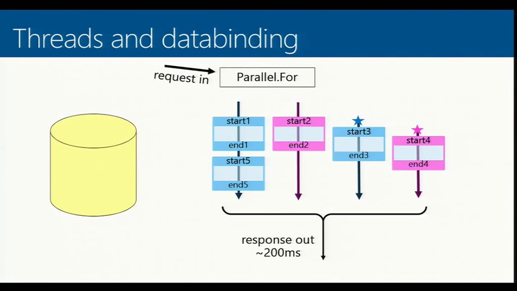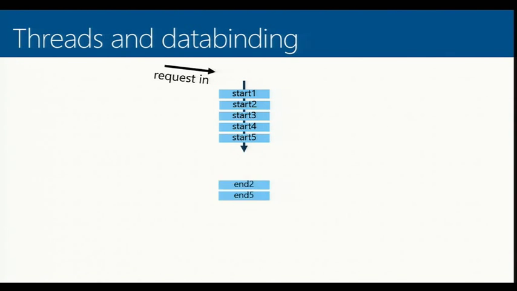Let's get away from this and let's draw a diagram of how ideally the code should work. Ideally, the request comes in and we just want to kick off 5 requests to the database quickly, one after the other. Bang, bang, bang, bang, bang. It takes very little time to kick off a request, like microseconds. Then, later on, 100 milliseconds later, all of the requests will come back.